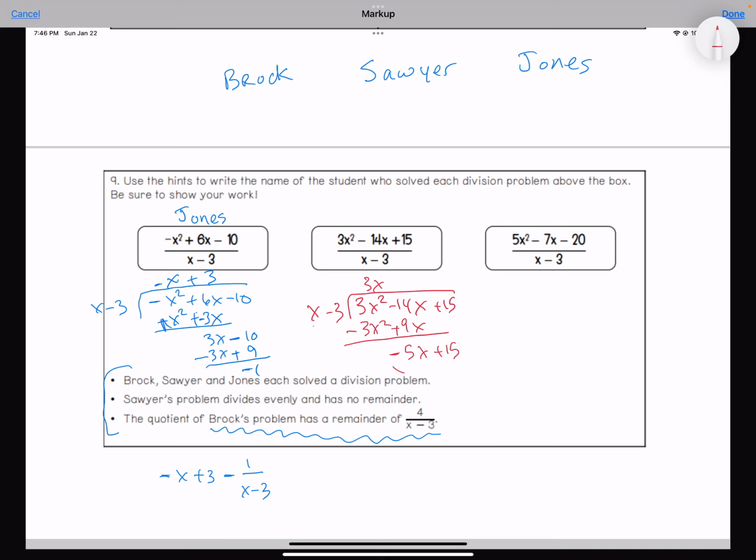What times x gives you negative 5x? Negative 5, negative 5x plus 15. Negative 5 minus negative 5 is 0. 15 minus 15 is 0, so this is my answer. So this would be Sawyer.